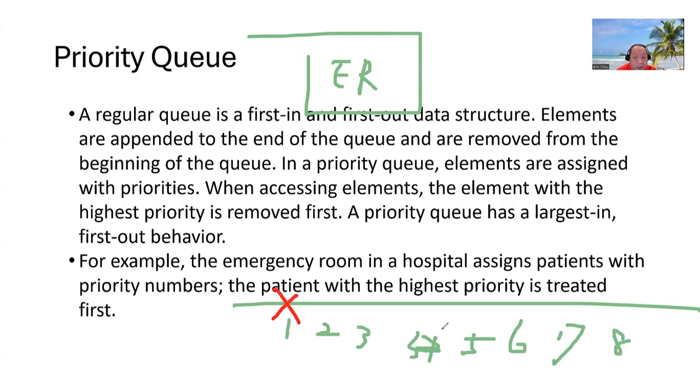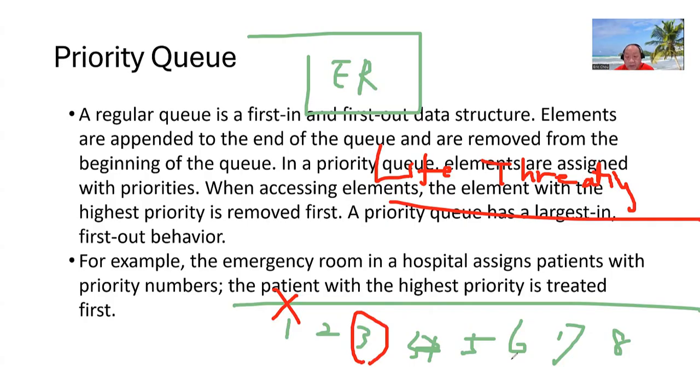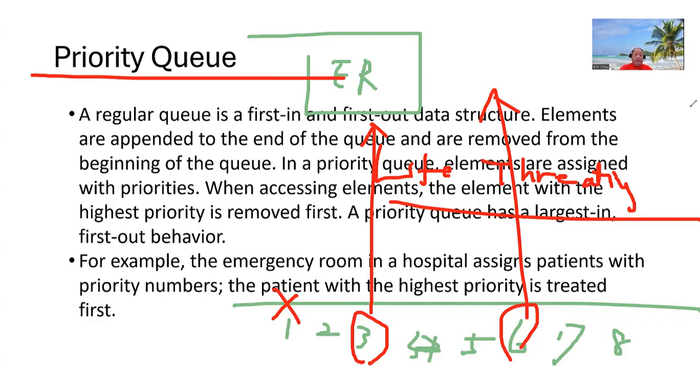They will check if there is any person who is life-threatening, who is in critical condition. If we don't save him, then we are in big trouble. So those urgent cases will be taken out. Let's assume that number 3 and number 6 are urgent cases, so they will be taken out first. And someone with a lower priority will wait for a longer time until there are no high priority patients waiting in the line. This kind of queue, we call it priority queue.